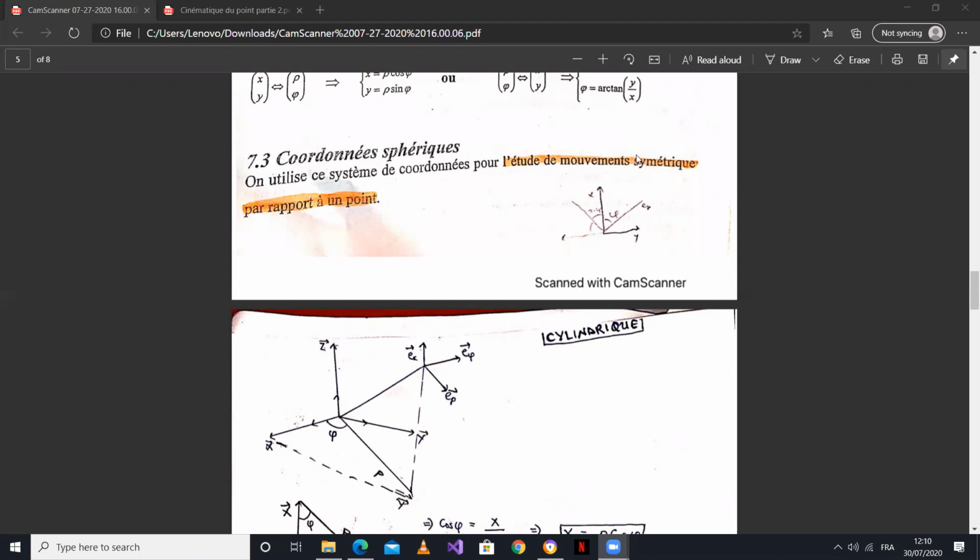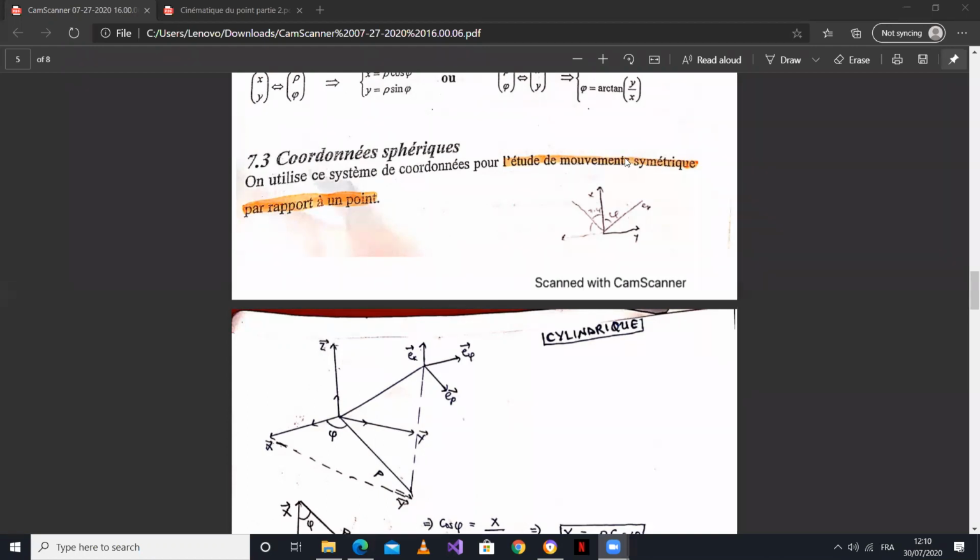As we defined yesterday when we began this chapter on kinematics, we are studying the movement of a point without taking into consideration the causes of that movement. So if we're studying movements, it implies we are going to look at things like velocity, acceleration, and all that.